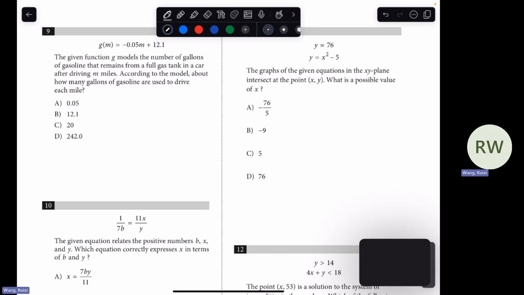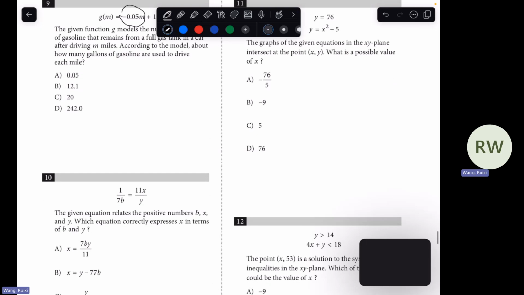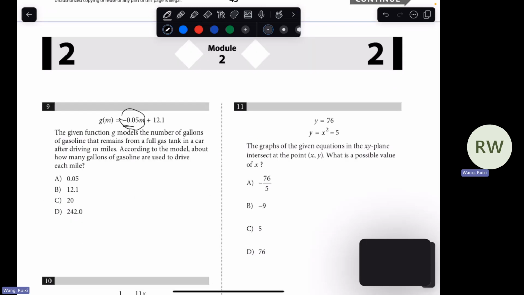The given function g models the number of gallons that remain from a full tank after driving n miles. About how many gallons of gasoline are used to drive each mile? So that's going to be this, right? Because every mile you decrease by this much, right? Every mile you decrease by this much. Okay.